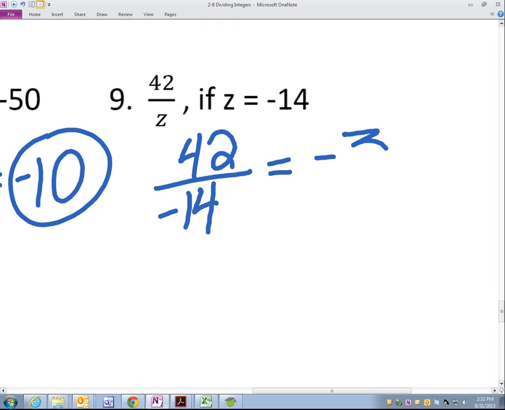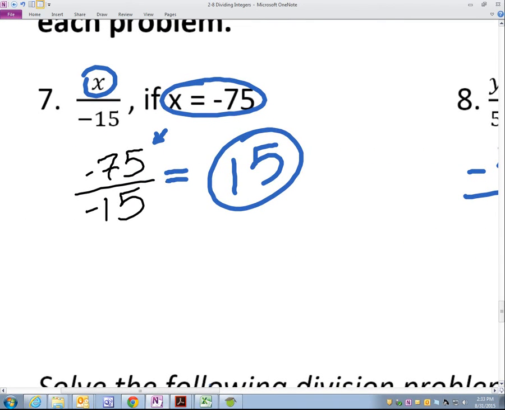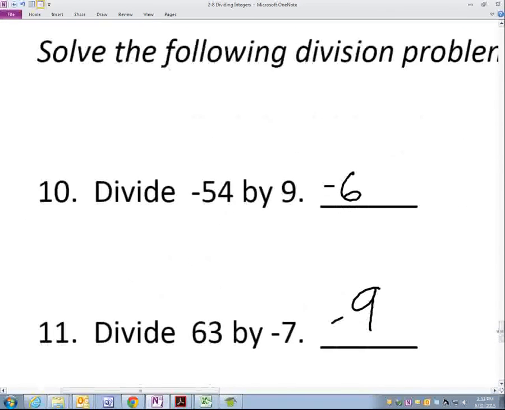Negative 3. Yes, sir? Yep, because multiplication is repetitive addition. Yep. Aiden, please stop tapping. Thank you. Yeah, if you've got ways to work it in your head, that's good.